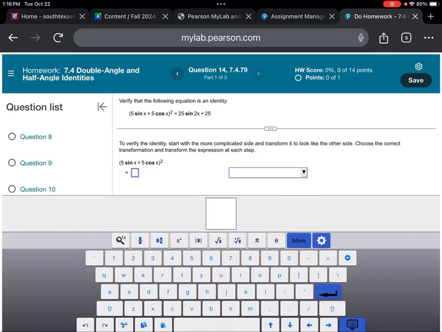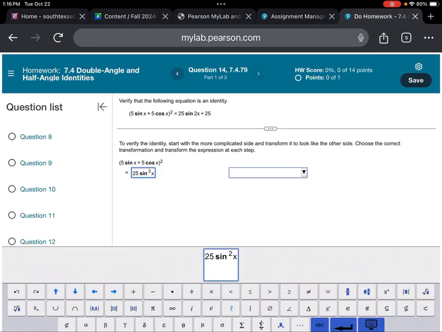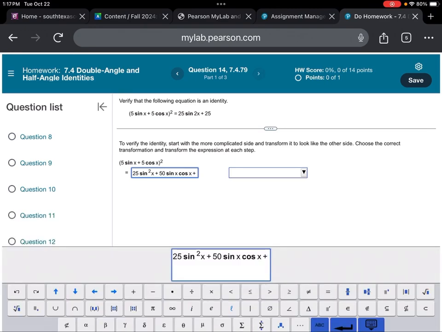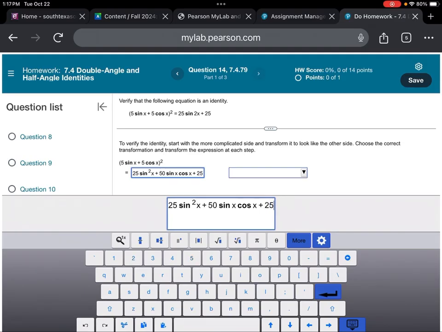So y'all, I had a 25 sine squared x, plus 50 sine x cosine x, plus 25 cosine squared x.